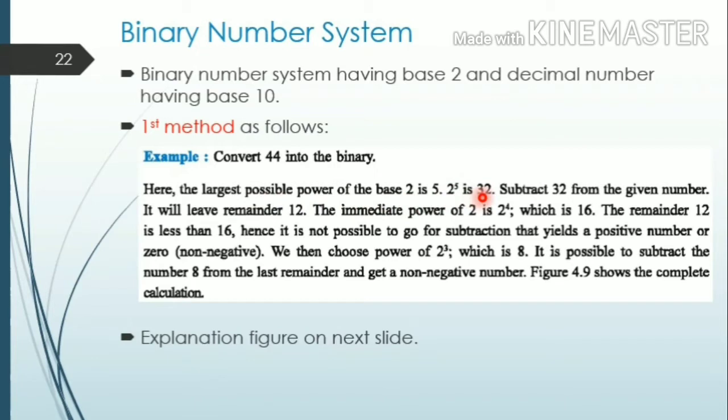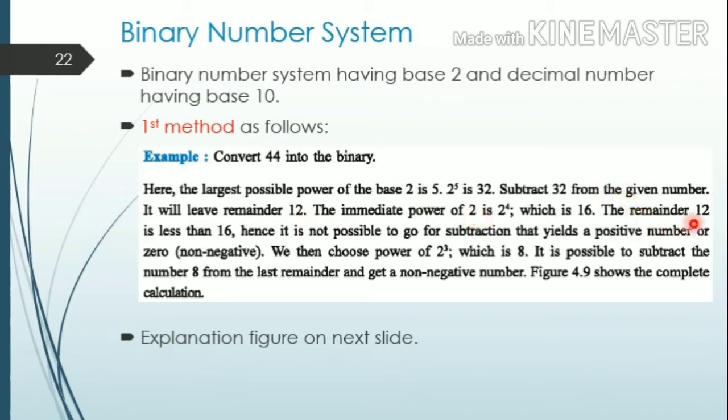This is the first step. Now subtract 32 from 44, we get 12. Now again, give power 4. How much do we get? 16. 16 cannot be subtracted from 12, so the binary digit is 0.